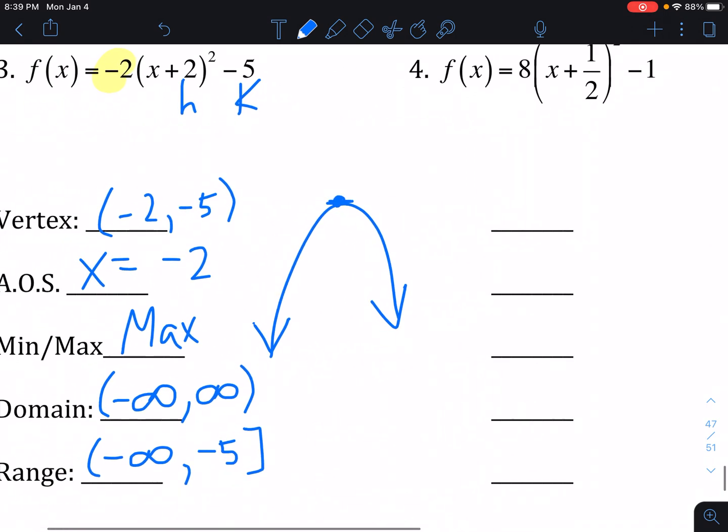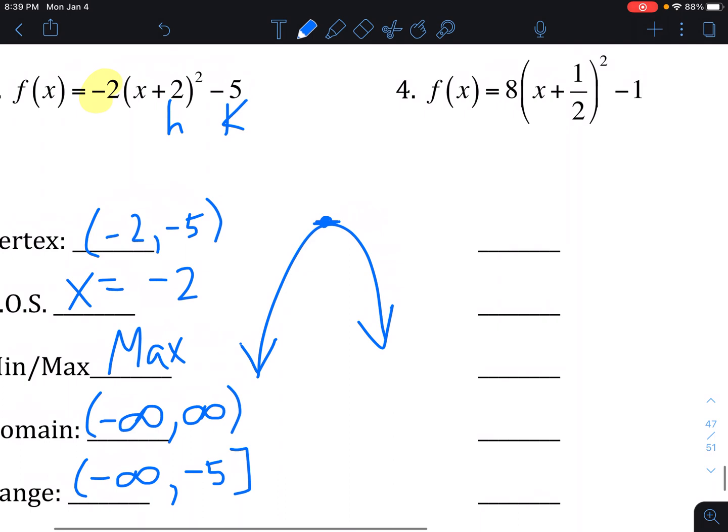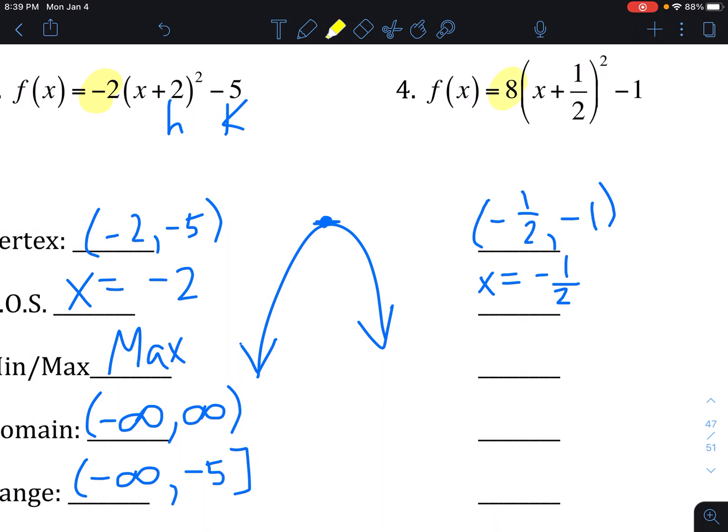Okay, more practice here. Number 4, the vertex, h is opposite, so that's -1/2. The k is -1. The axis of symmetry has to do with the h again. x equals the h. Minimum or maximum, look at the a. It's a positive.